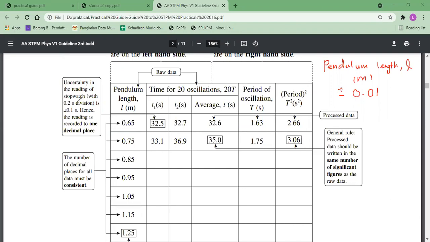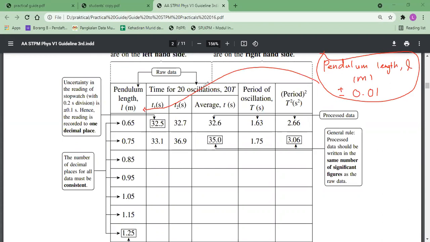So I follow the rule: use the smallest division of the instrument. So if I measure, I can measure until 0.01 meter. This is the method you write and put into this part.